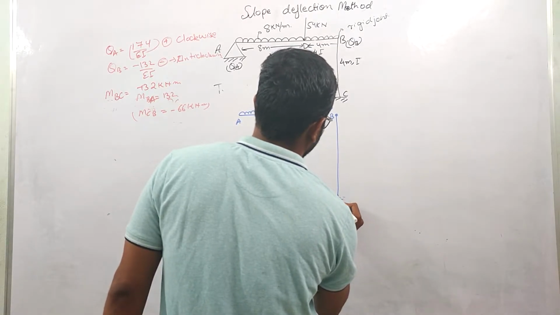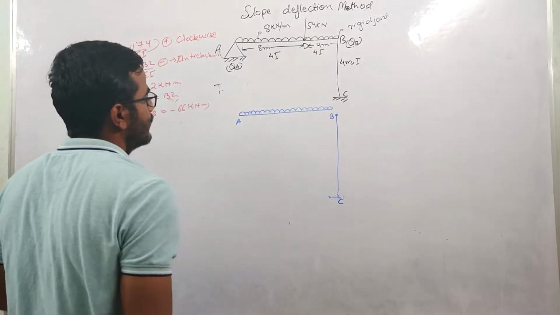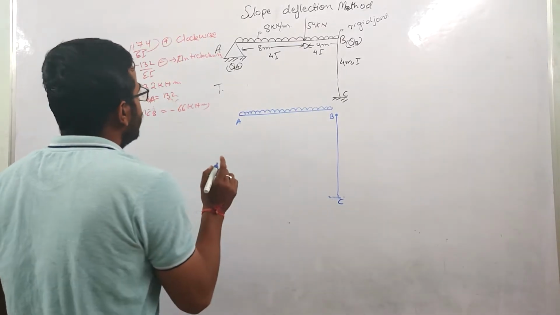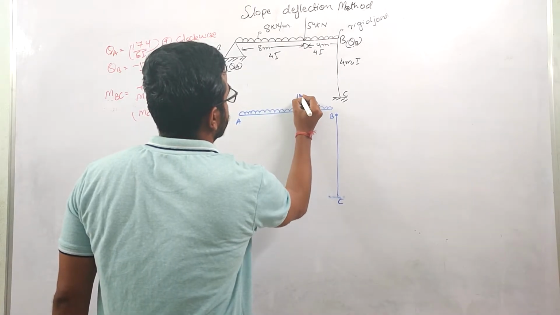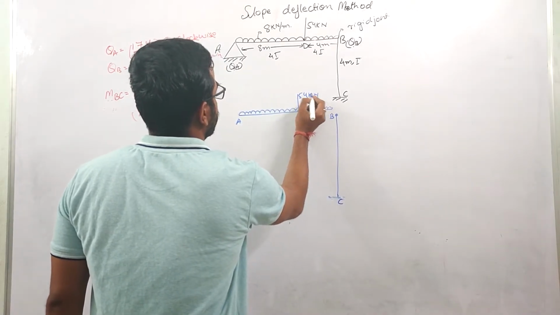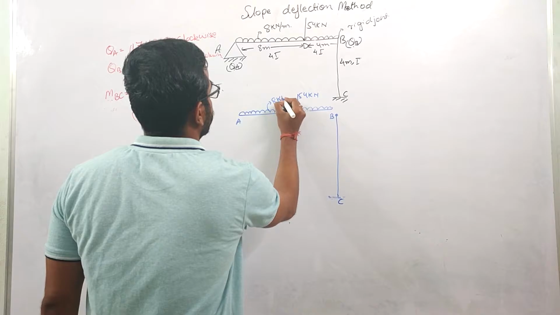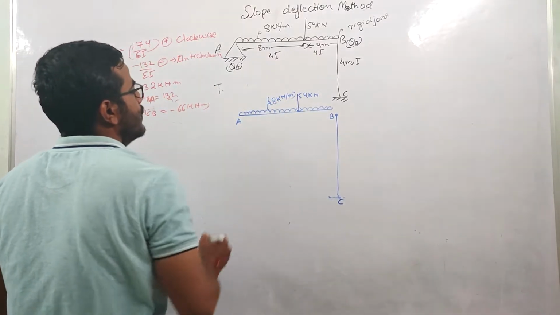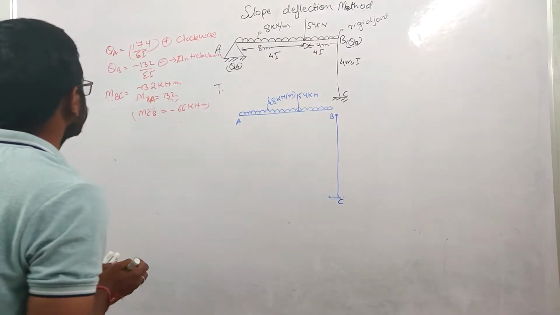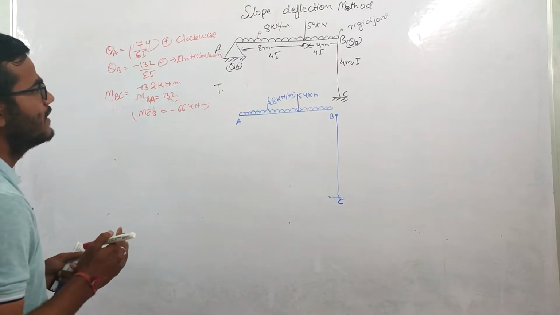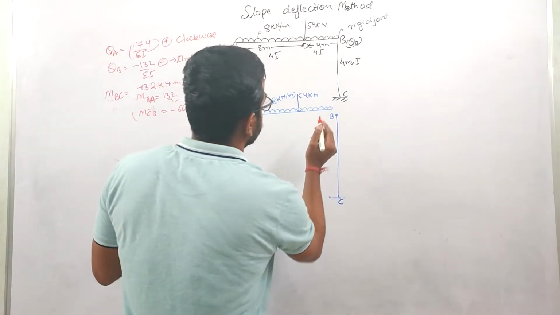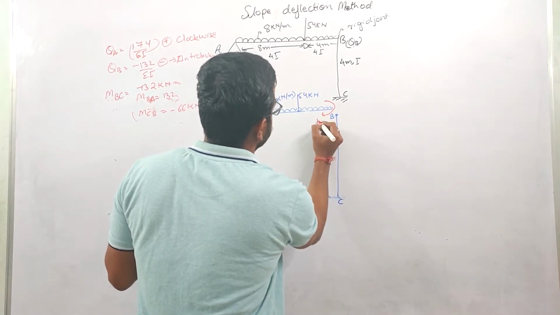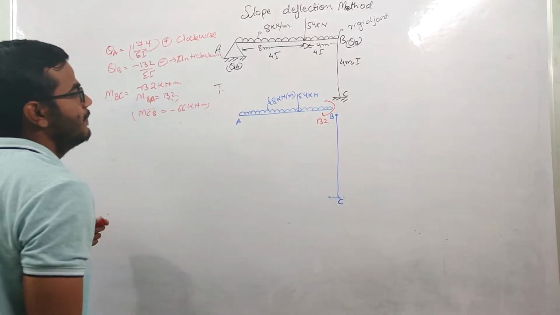At this point there will be some reactions or moment, right? At a distance of 4 meter there is a load of 54 kilonewton, and the UDL is 8 kilonewton per meter, right? Now you can see that at this end, the value of MBA is a clockwise moment which is 132.